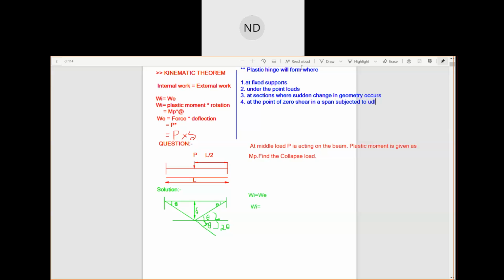So where do these plastic hinges form? At the fixed supports, under the point loads, and at the sections where the geometry changes. Here we will check where our plastic hinge is formed.